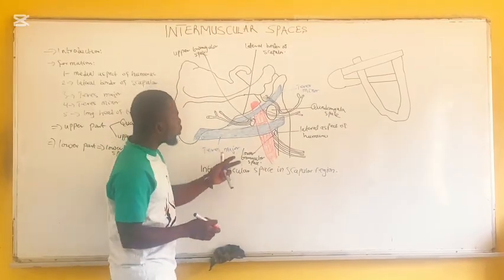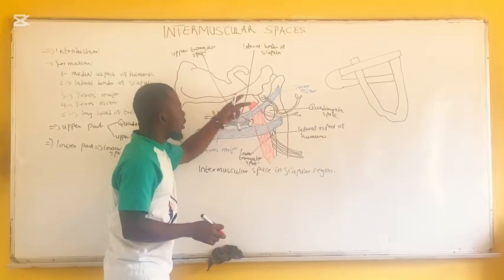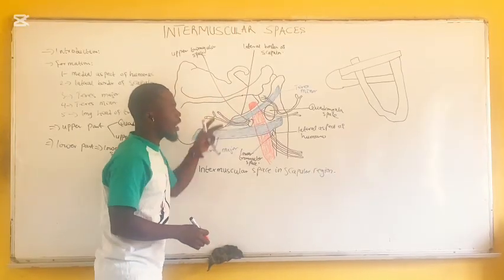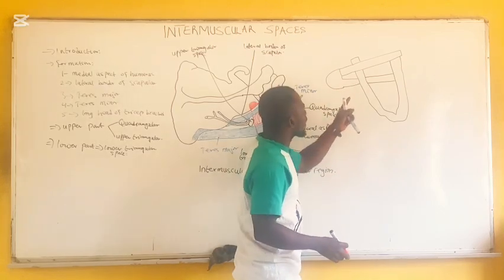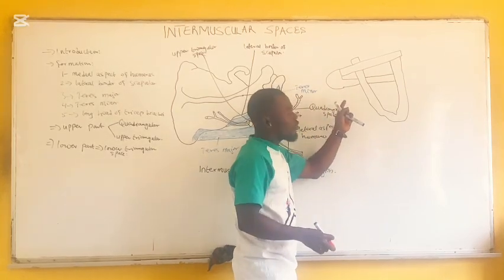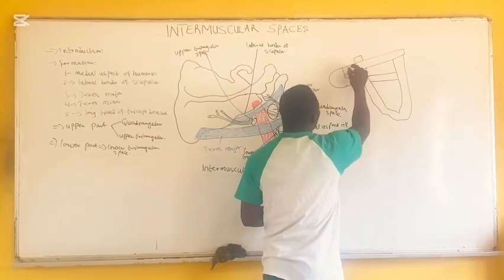So here it might look cluttered because it is showing us both the structures, their boundaries, as well as their contents. But this diagram will allow us to understand their borders very well. So above here, this is teres minor.